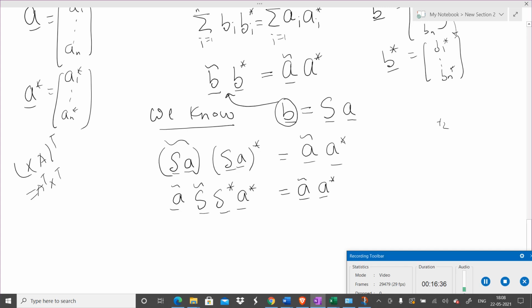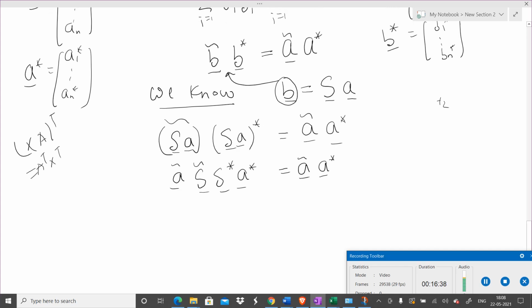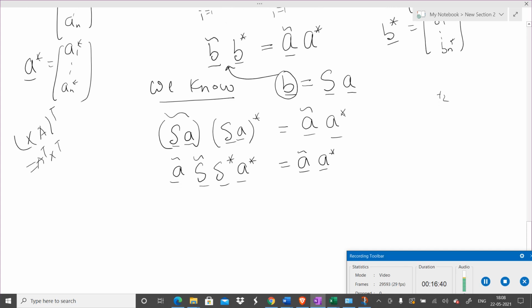Okay, so this is a very famous result of linear algebra, that if you have any vector x and you have this relationship, X transpose A transpose A X equals X transpose X, then this A transpose A is simply the identity matrix.